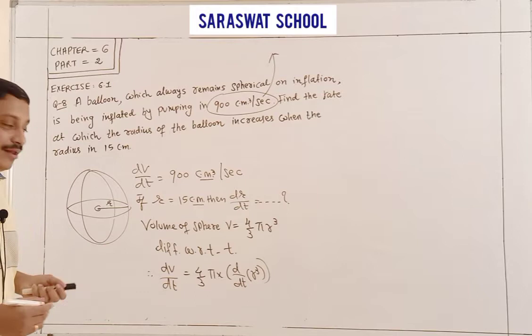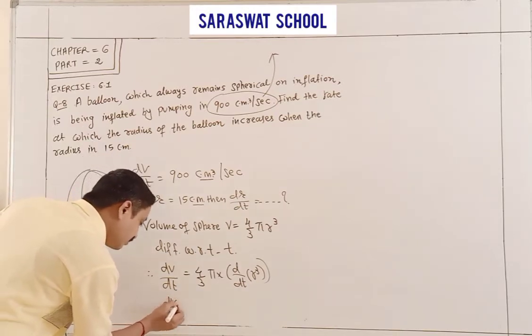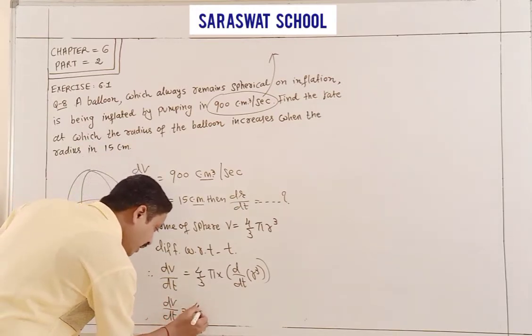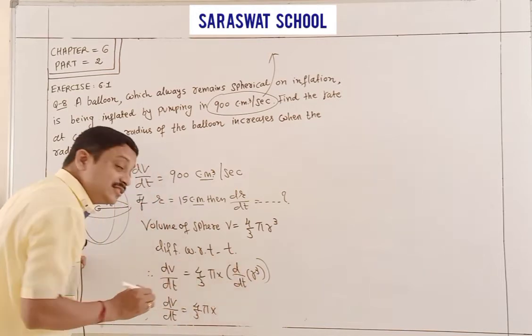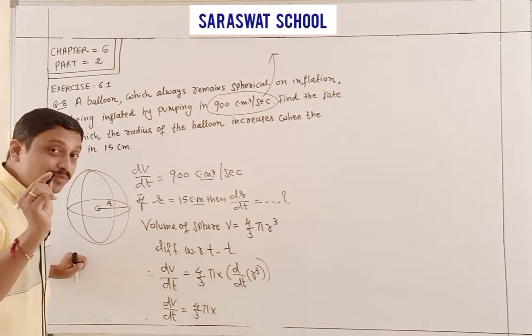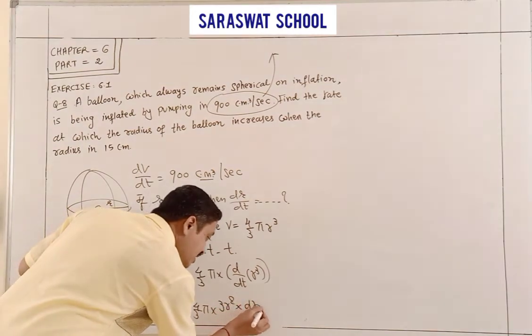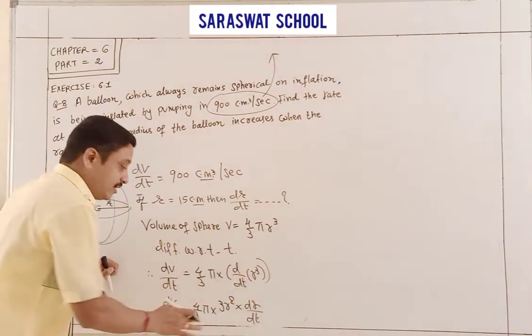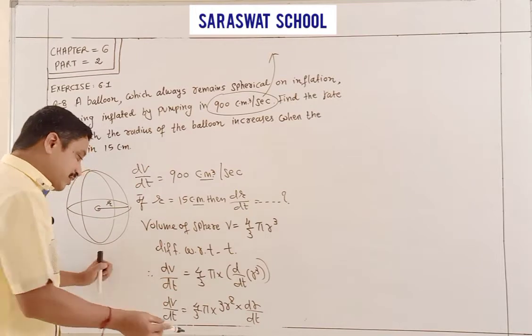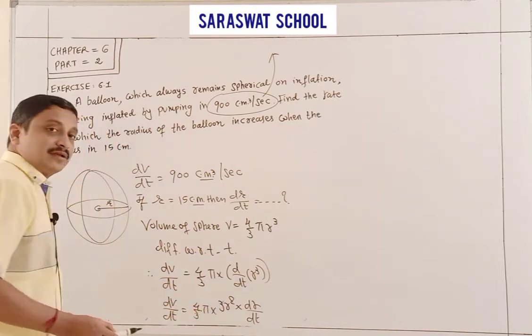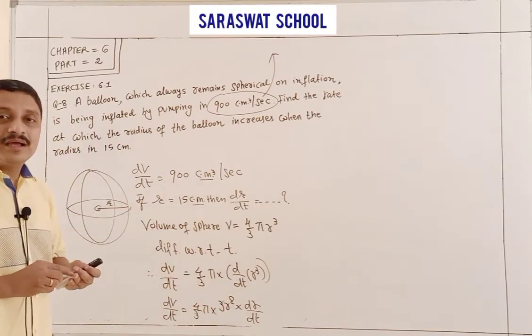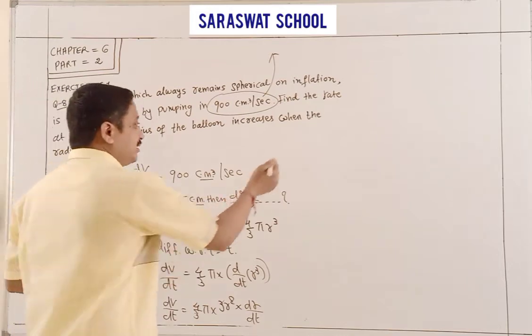Now put down the values. So dV by dt is 4/3 pi, and what is the derivative of r cube? 3r square dr by dt. After that the 3 cancels, and happily your numerical is done.